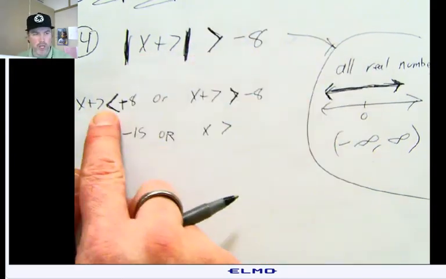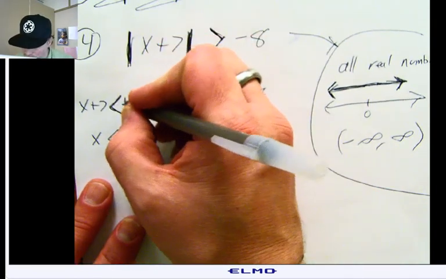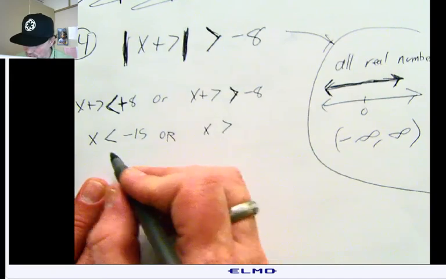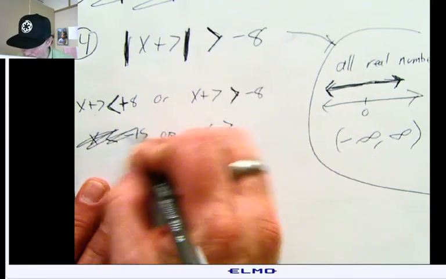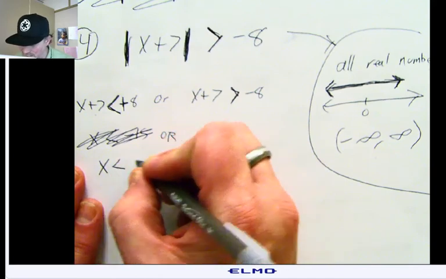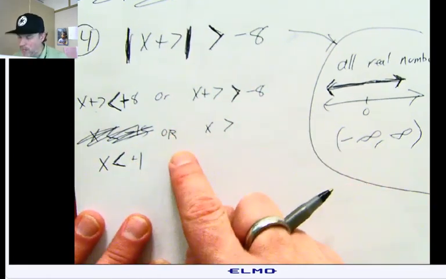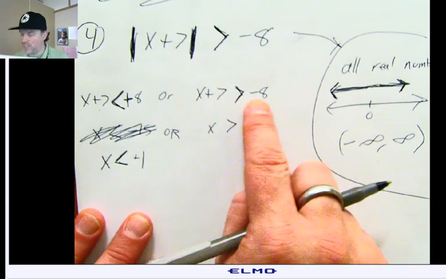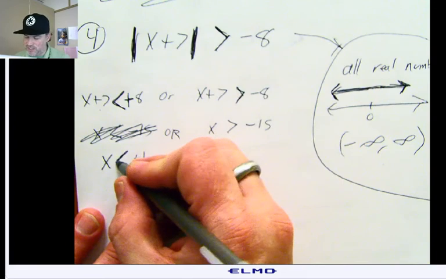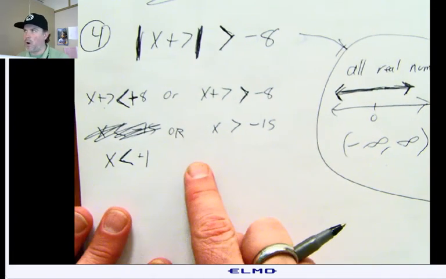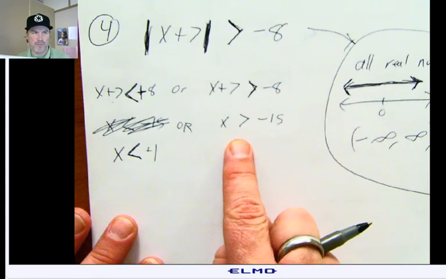Flip the inequality, change the value. So in this case, it's negative to positive. I gotta start over then. If I subtract 7 from both sides, I get positive 1. So I get x is less than positive 1. Or if I subtract 7 from both sides of this equation, I get negative 15. So I have x is less than 1, or x is greater than negative 15.